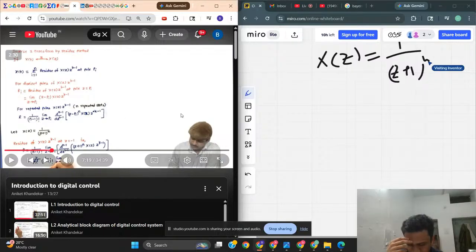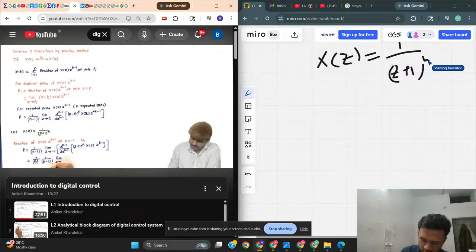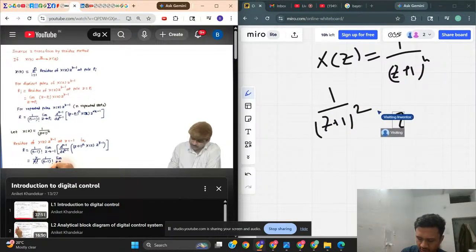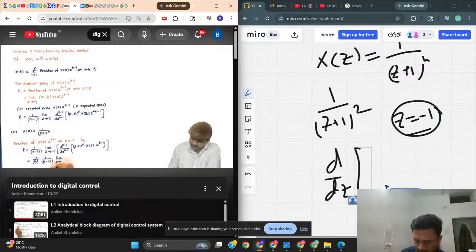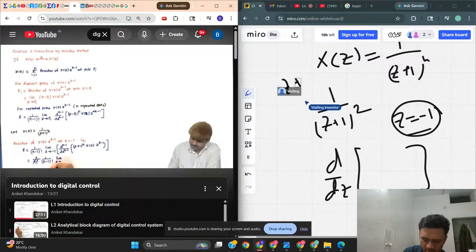It's a very general idea. If you have 1 by (z plus 1) square and you're trying to find the residue at z equal to minus 1, you would do one derivative dz. If you had, let's say, (z plus 2) cube, you would do the second derivative.